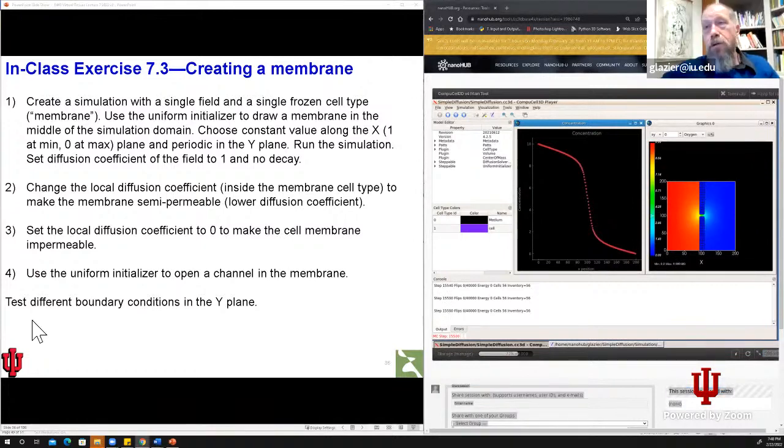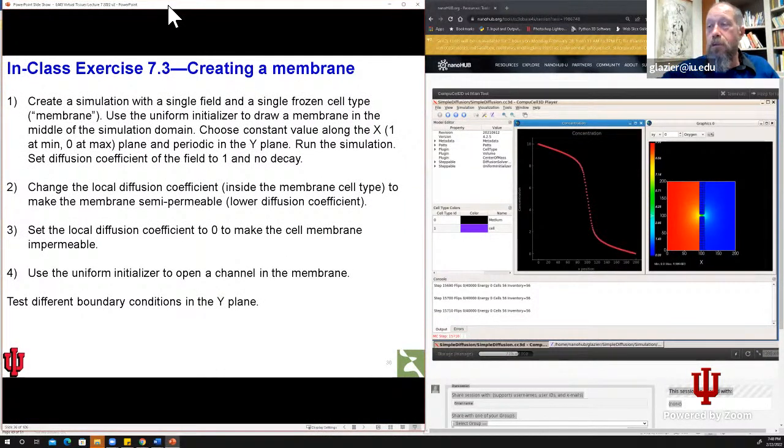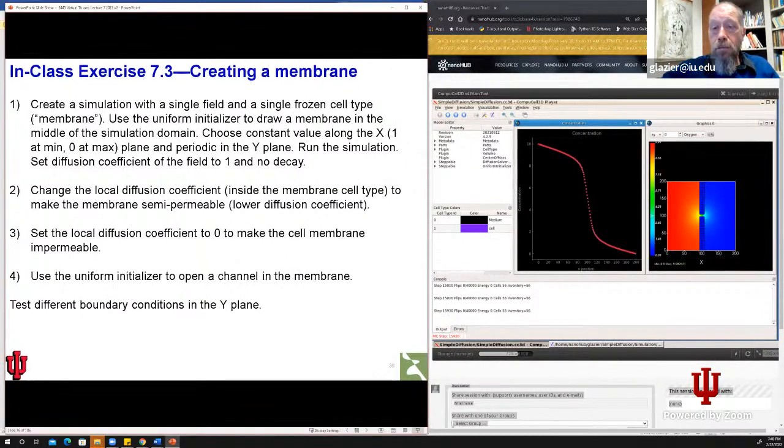I wouldn't worry about doing number 4 unless you feel like it. The point was to do number 1, but number 4 is building an ion channel. And if you see what's happened here, I have essentially a uniform concentration of chemical on the left-hand side that's retained by the membrane.